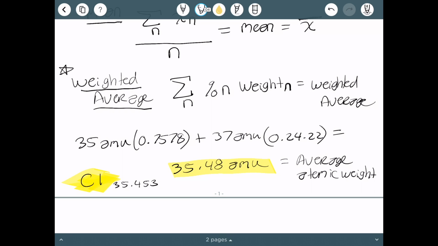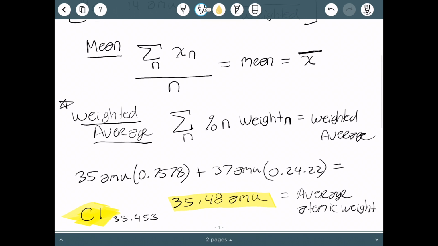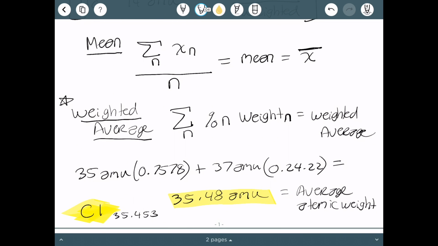If the element you're trying to find the weighted average of has more than two stable isotopes, then you would have more than two percentages and more than two isotopes to add up together, but the procedure would be exactly the same.